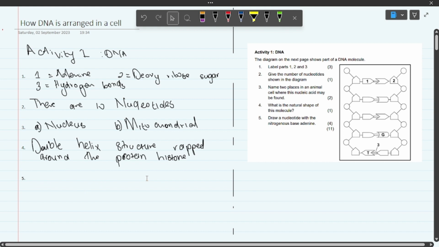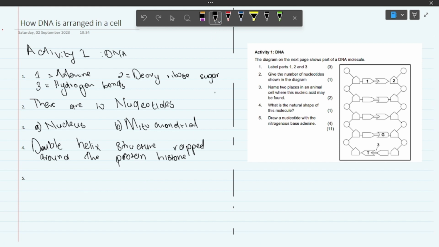Draw a nucleotide with the nitrogenous base at 9. So basically I'm just going to draw the whole structure. To draw the nucleotide, firstly we're going to draw the phosphate group. So we're just going to write P. Just going to copy how it's drawn there.